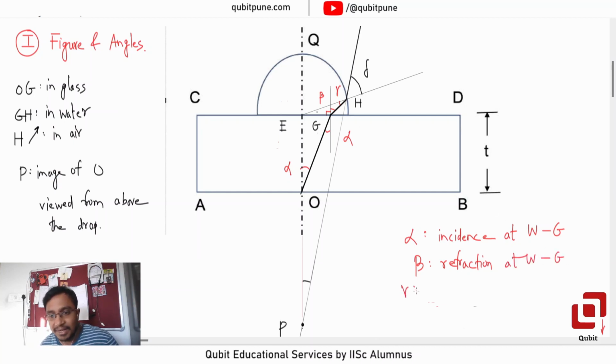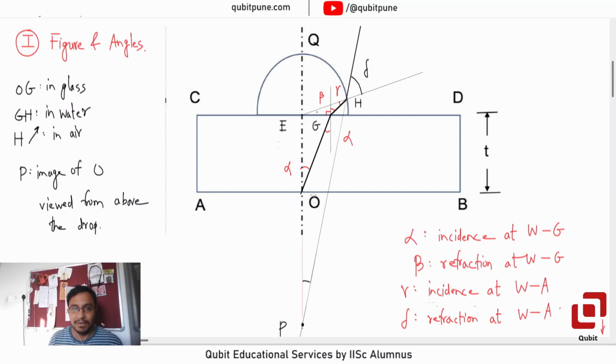Then gamma is the angle of incidence at the water air interface, and delta is the angle of refraction at the water air interface. So we have these four angles: alpha, beta, gamma and delta. That's the notation that I have used. I hope you are clear with the notation.